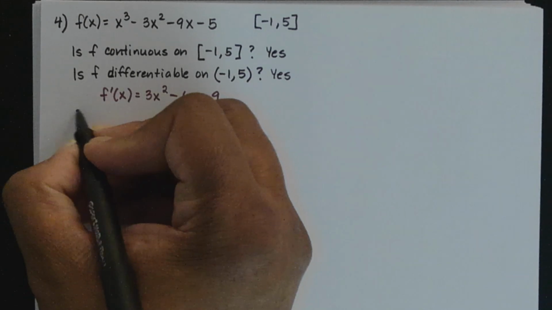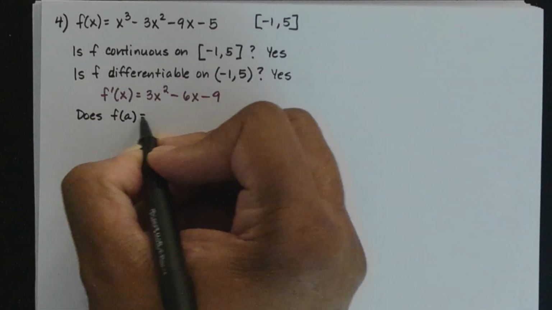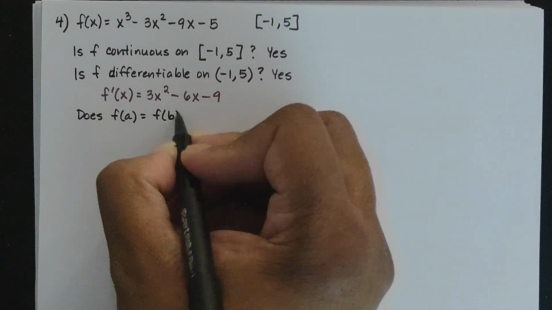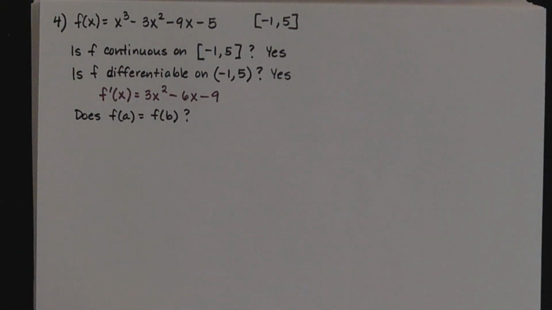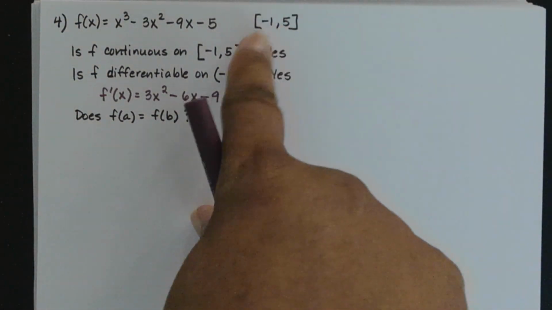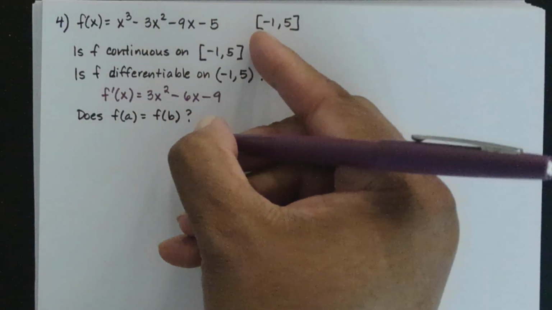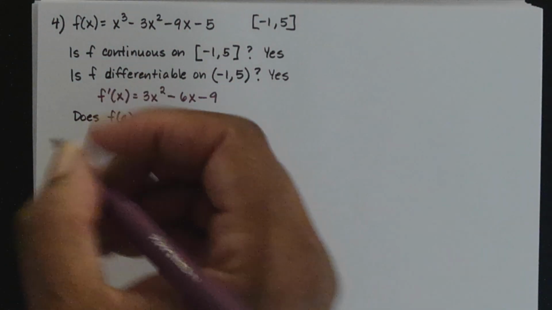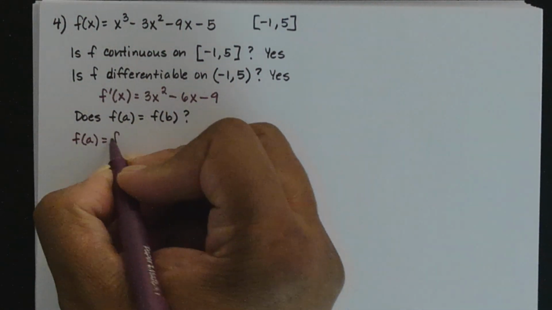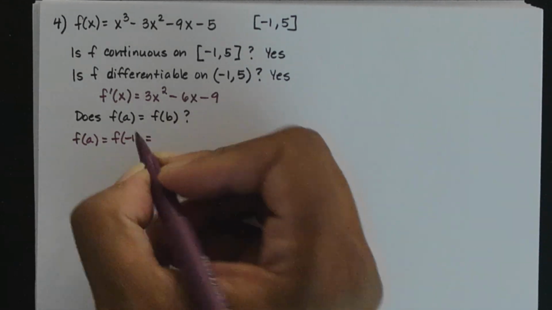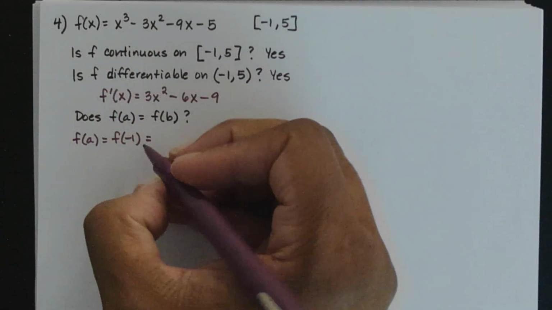And then the next question is this: does f of a equal f of b? That means we need to evaluate our endpoints on this closed interval. Here a is negative 1 and b is 5. So f of a, or f of negative 1, we just substitute every x in the original function with negative 1.